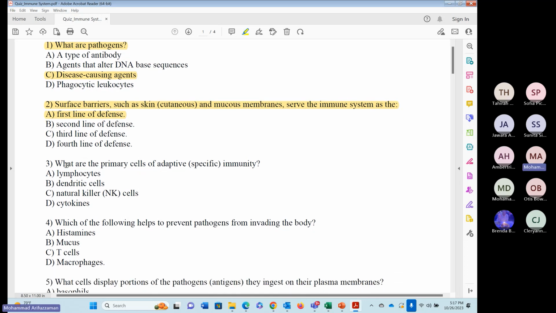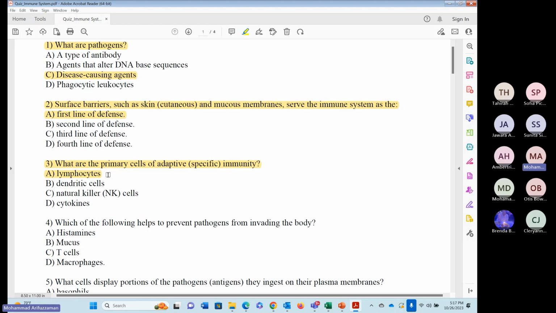Okay, great. Number 3, what are the primary cells of adaptive immunity? Lymphocytes. Yes, the lymphocytes are the primary cells, and there are two classes of lymphocytes: the T lymphocytes and the B lymphocytes.